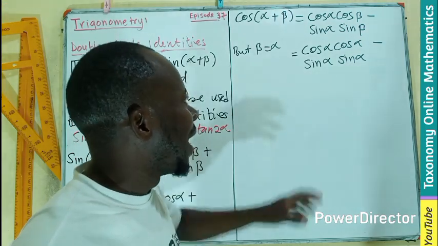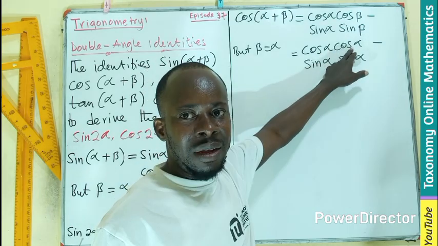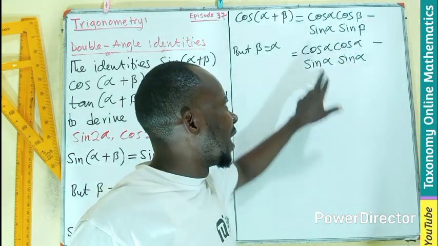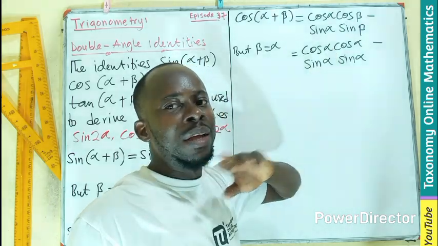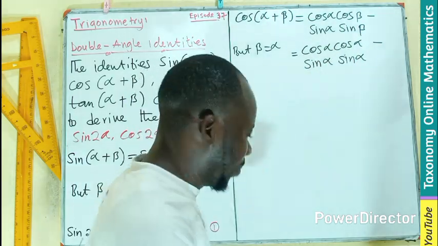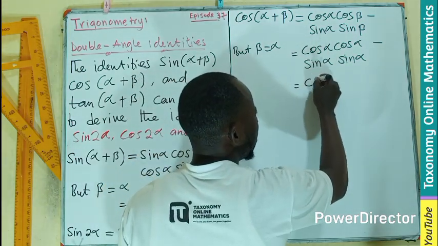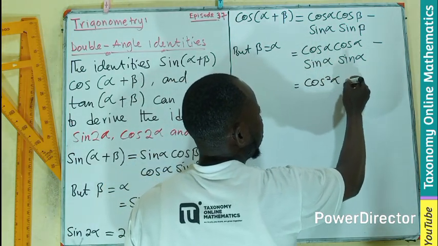So what do we do? I can see cos alpha multiplying together. Let's say cos alpha is taken as y. This means y times y, that is y squared. So I should be having here cos square alpha.